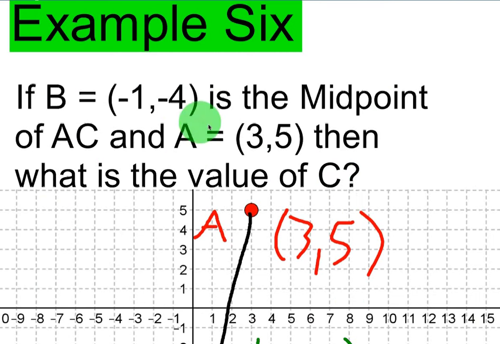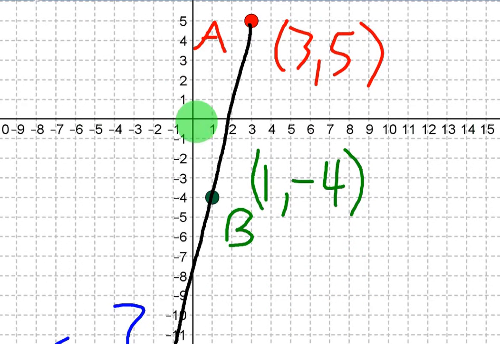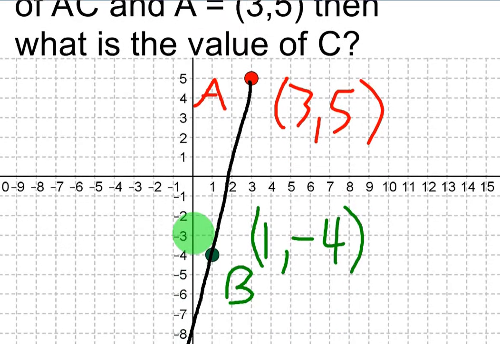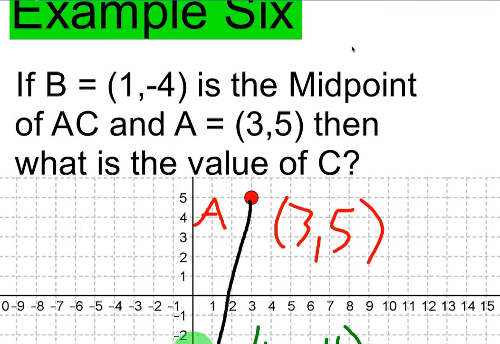So if B is -1, -4, that's going to be, wait a minute. Why did I plot 1, -4? Okay, so let's just say it's 1, -4. I guess I typed it wrong there. Alright, if B is 1, -4, and it's the midpoint of AC, and A equals 3, 5, then what is the value of C?